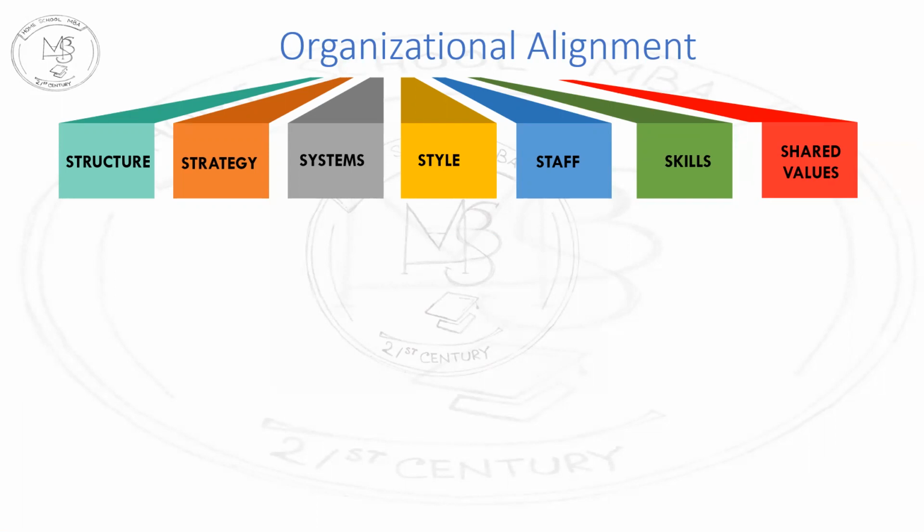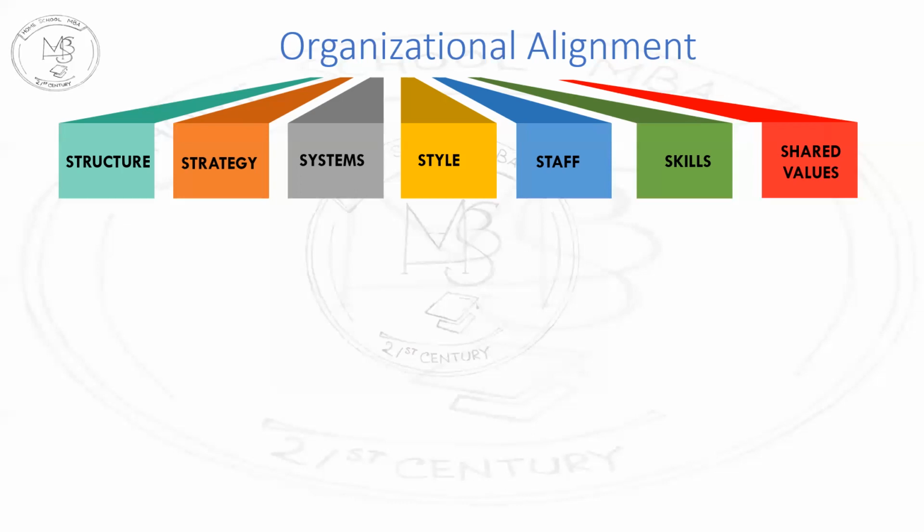So there are different factors or elements that have to be aligned or put together, because one factor or element supports the other. And when all of them click in the same way, then the organization is progressing at a very efficient speed. So one of these S's is structure.